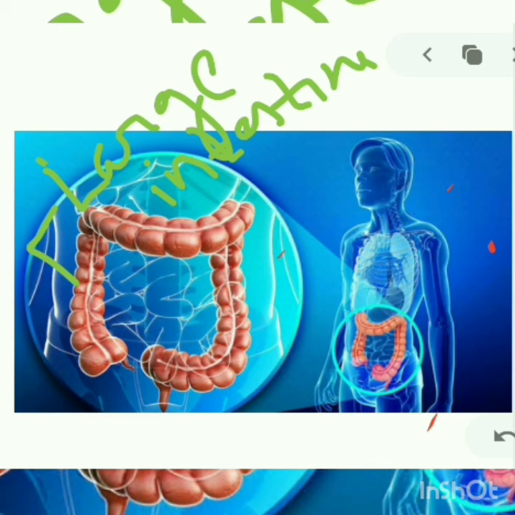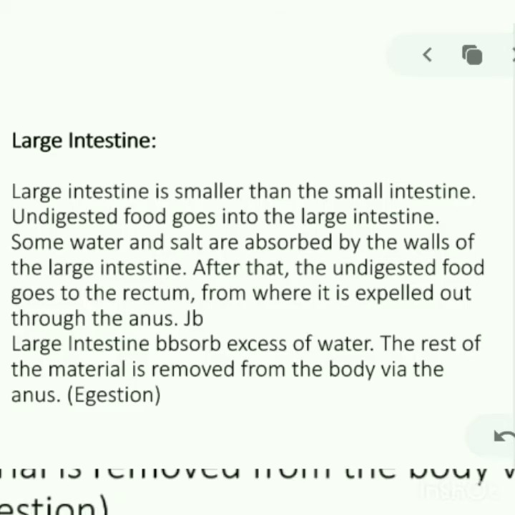So now we will see it to understand it more. The large intestine is smaller than the small intestine. Undigested food goes into the large intestine. Some water and salt are absorbed by the wall of the large intestine.